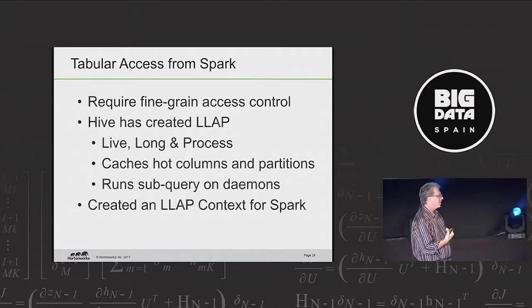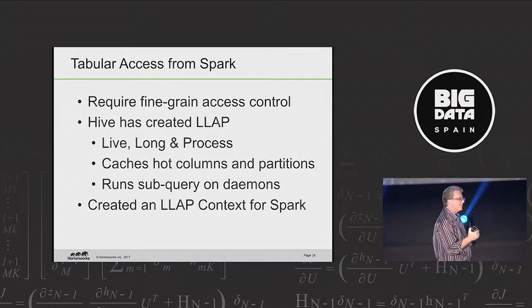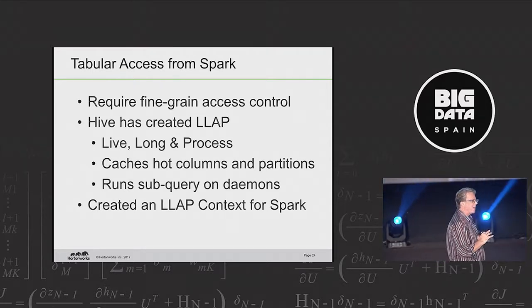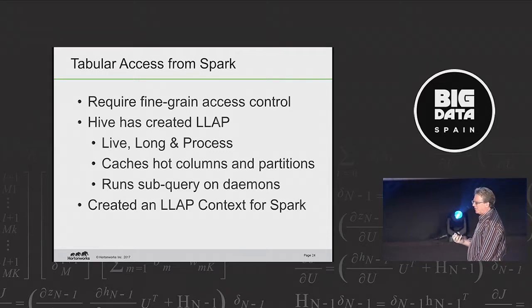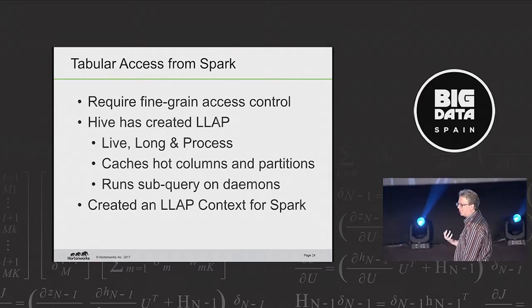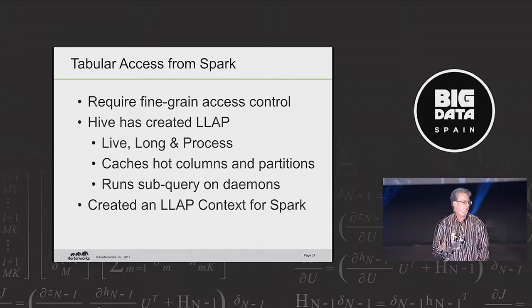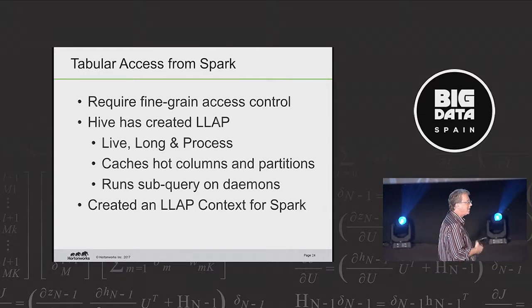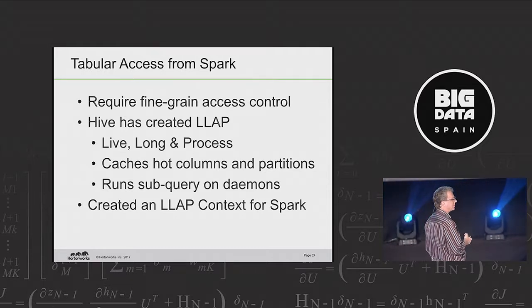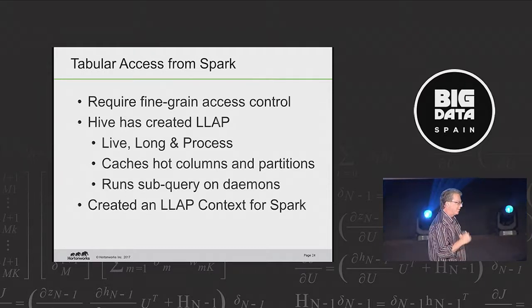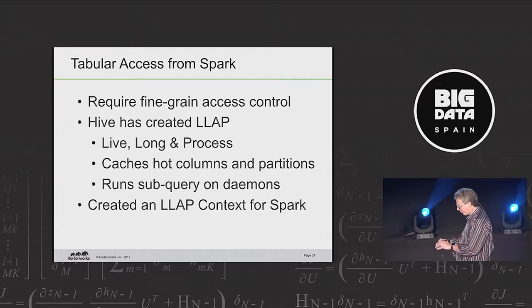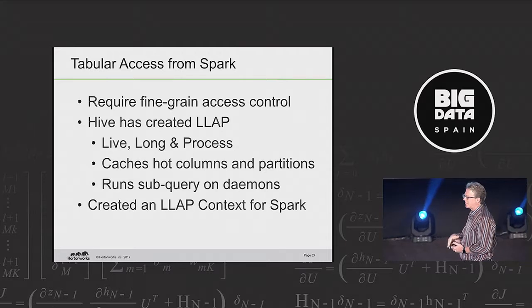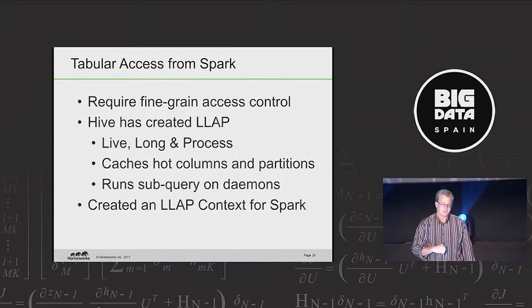All right, now one of the issues that often comes up is that, okay, Hive Server 2 works great for Hive, but now we want to access it from Spark or Pig or one of the other file formats or execution engines, and that doesn't work. So what we've done is, as part of creating LLAP, LLAP stands for Live Long and Process, which is a caching layer for Hive, and it actually executes the first scan of the data and the processing of the data in the standing servers.